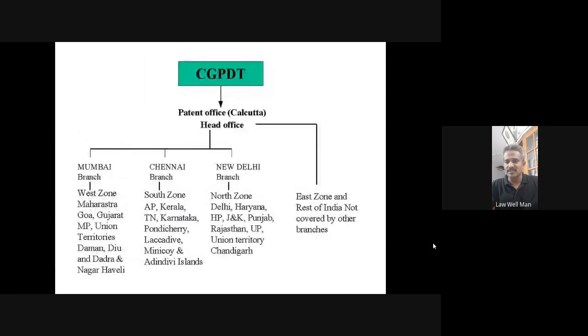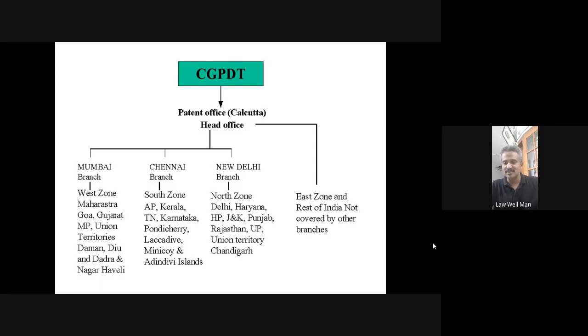Here, these are the zones, and these are under the Controller General of Patents, Designs and Trademarks. The Patent Office head office is in Calcutta. You've got branches at Mumbai, Chennai, and New Delhi, and the concerned regions are also on the screen. You may have a look at that. As far as the Chennai Patent Office is concerned, it's the South Zone. Andhra Pradesh, now it is divided into Andhra Pradesh and Telangana.